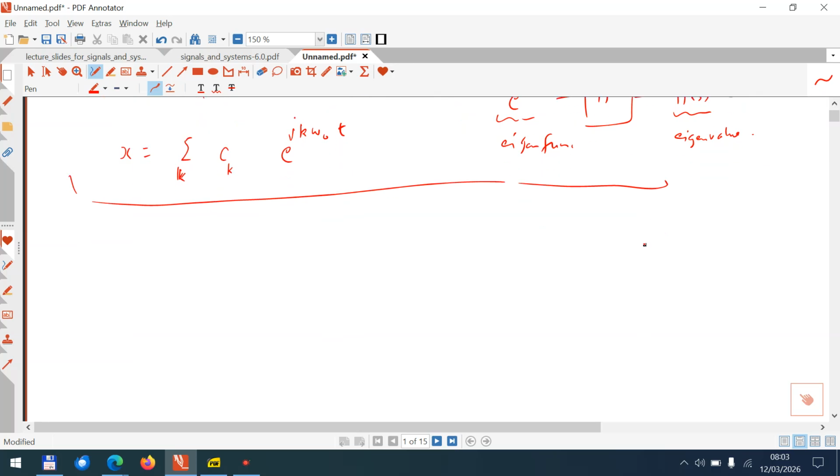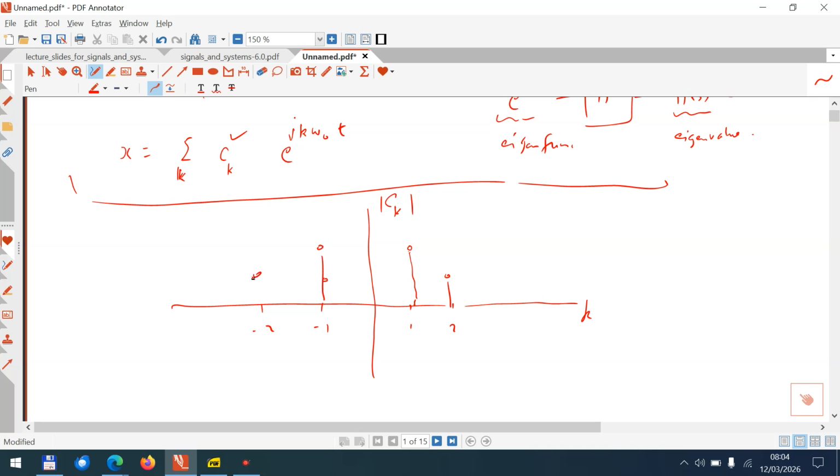I won't go into that again, but I just want you to think about something. Let's say you have done this computation, and now you have the k-axis and this magnitude axis, the magnitude of c_k, and maybe you have certain values at 1, 2, -1, -2, and so on.